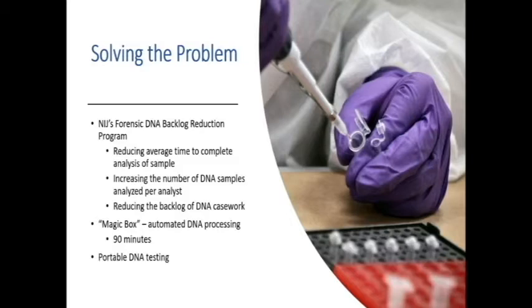There are also two types of technology that scientists have been creating. The first one is the magic box. The purpose of the magic box is to have a DNA processor do the job in 90 minutes.